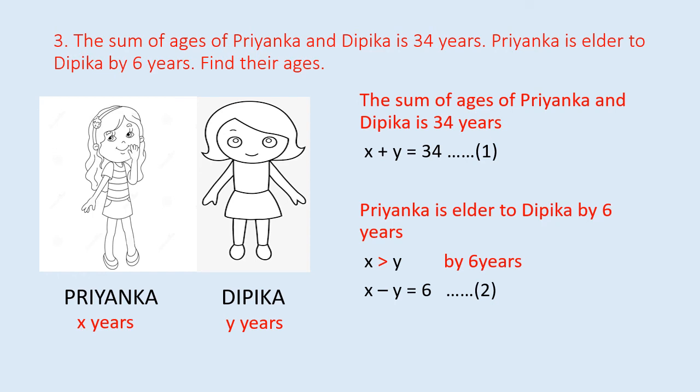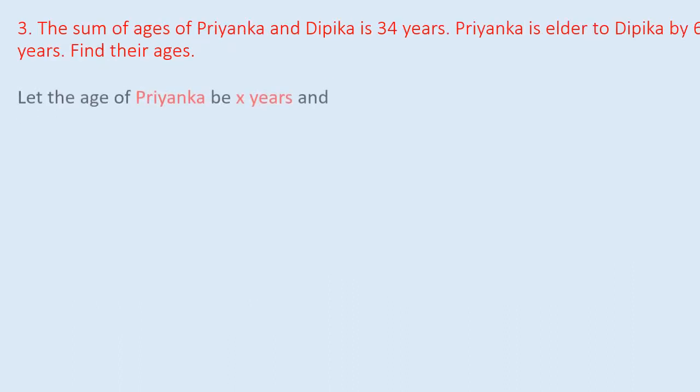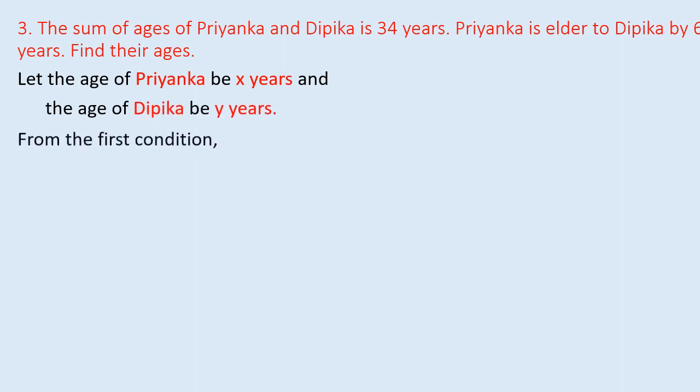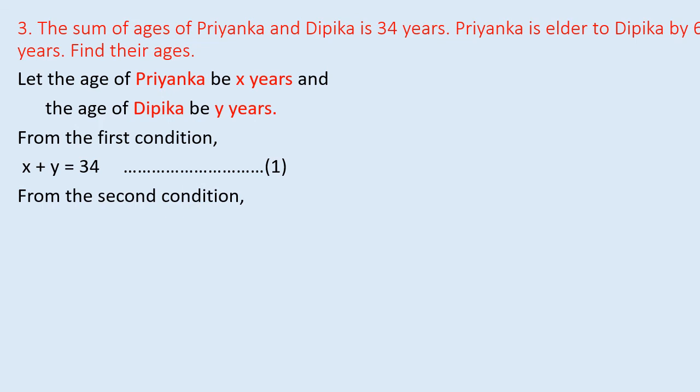Now since we have equations 1 and 2 easily, we'll see how we are going to write this down. We say let the age of Priyanka be x and the age of Dipika be y years. From the first condition, x plus y is equal to 34. From the second condition, x minus y is equal to 6.